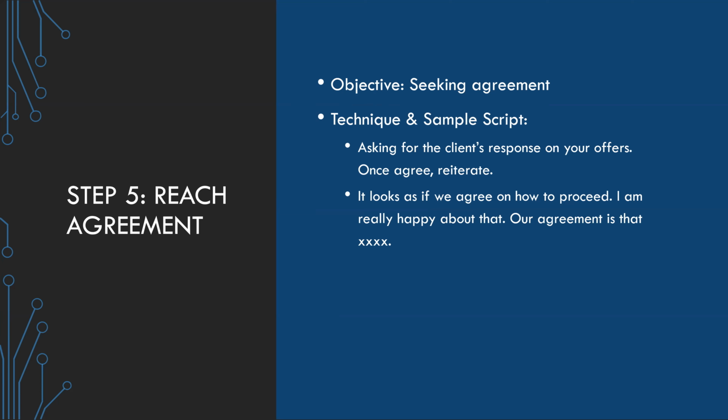And around this stage, both you and the client pretty much have a good idea of what each other's desires and wants would be, what would be deliverable, and what type of resources are needed to provide it. And usually, especially for consulting projects in our courses, this is when you will be able to reach agreements, right?